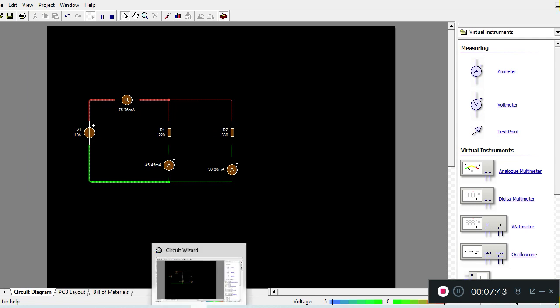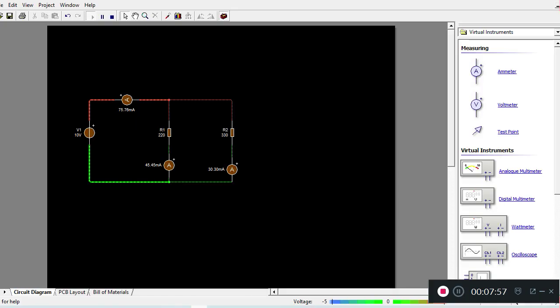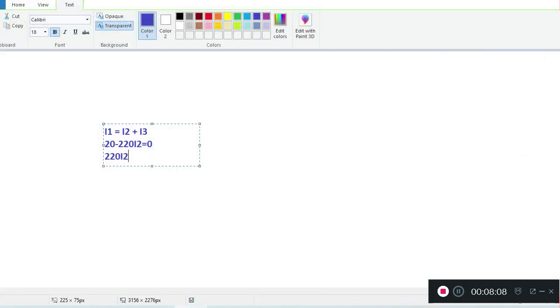So I'm going to have 220 I2, minus, and then from there it comes here, positive and then negative, so I'm going to have 330. So minus 330 I3 is equal to 0.